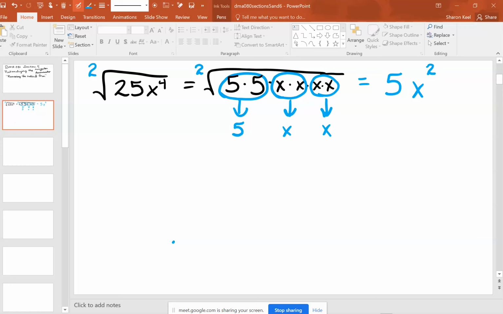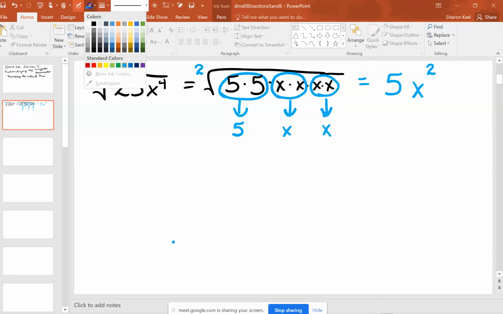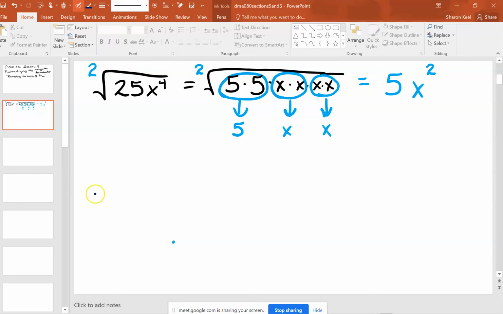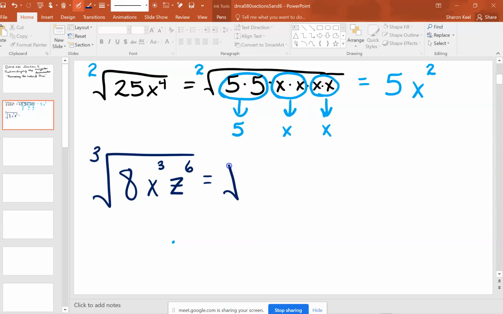All right, so we have 5x squared. Let's say we have the cubed root of 8x to the third z to the sixth. Okay, so if I have a cubed root, what I have is the 8 would be 2 times 2 is 4, 4 times 2 is 8. I would have 3 x's, and I'm going to have 6 z's.